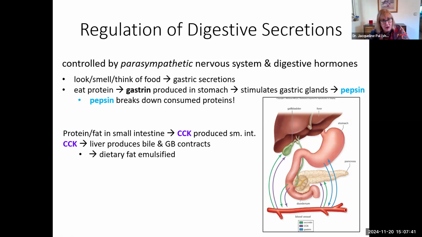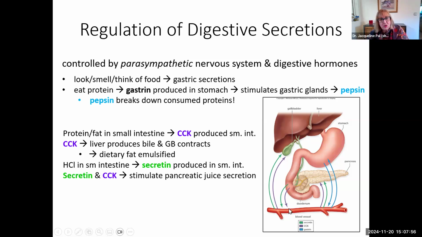Oh, but there's more. Because in addition to this fat giving us CCK, hydrochloric acid in the small intestine gives us this green substance called secretin, which goes in the bloodstream, and secretin and CCK together are going to act on the pancreas to give us pancreatic juices. And as you recall from pancreatic juices, one of the things in pancreatic juice was the bicarbonate ions, yes, which can buffer it.